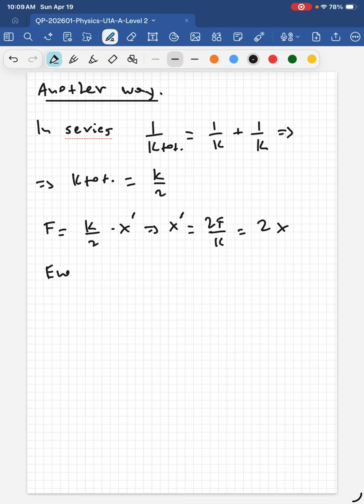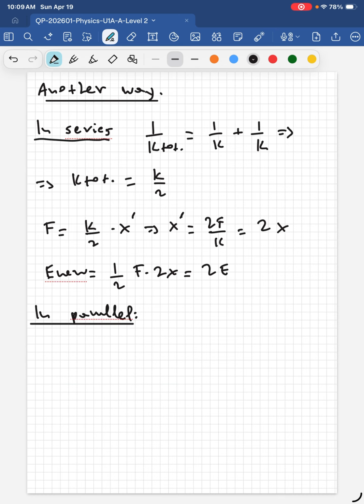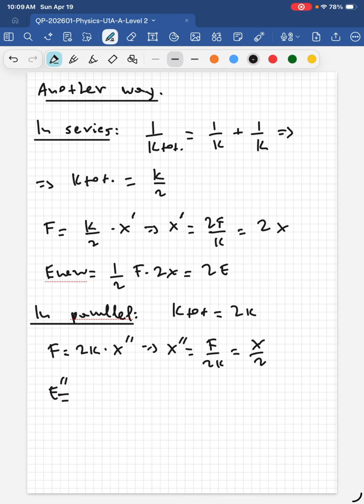So the new energy is going to be 1/2 F times 2x, which is 2E. In parallel, the total k is 2k, you add them up. So the force will be 2k times x double prime. The extension is now F over 2k, which is x over 2 compared to the initial one. So the energy double prime is going to be 1/2 F times x over 2, which is 1/2 E.